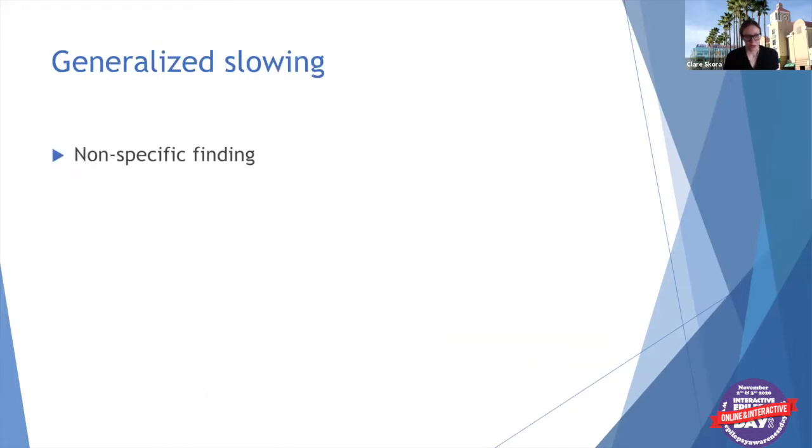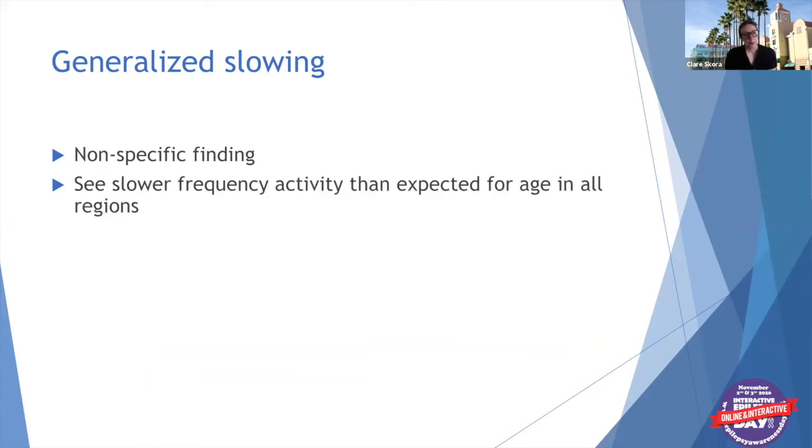So another common abnormality that we can see and often report on is called generalized slowing, which is a non-specific finding and can't give you a diagnosis per se, but it is commonly reported. Basically what that means is that we see slower frequencies of activity than expected for age in all regions of the brain, or that is to say in every line on the EEG.